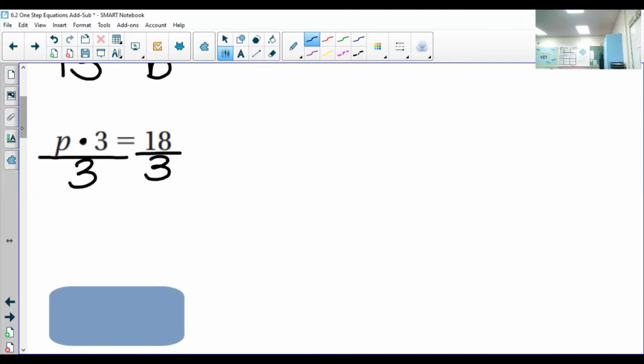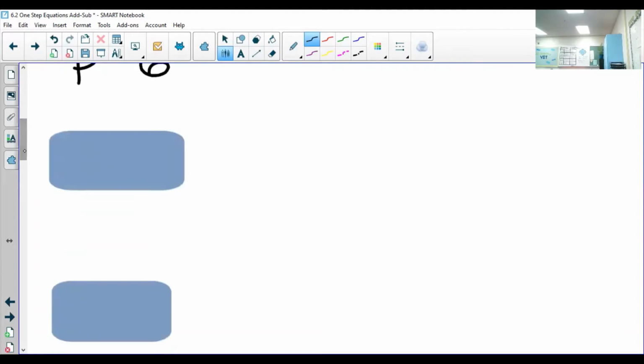Now you might be able to do this in your head, and that is awesome, but you still need to practice showing your work because these problems are only going to get harder as we go. Okay, my 3s are going to cross off and cancel each other. So all I have left on the left side is p equals 18 divided by 3 is 6. So p equals 6. Let's try another one.